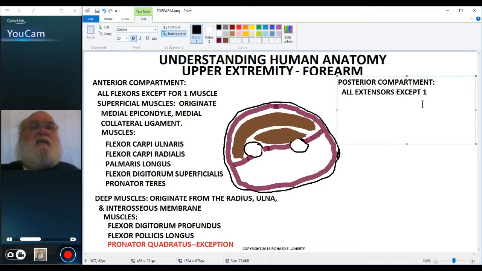And here again, we can divide the muscles into a superficial group, and the superficial muscles all originate, at least in part, from the lateral epicondyle and supracondylar ridge.